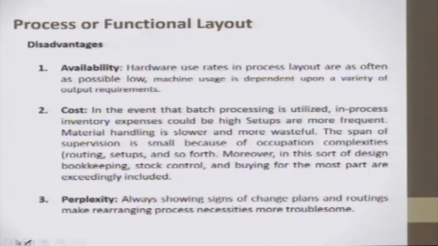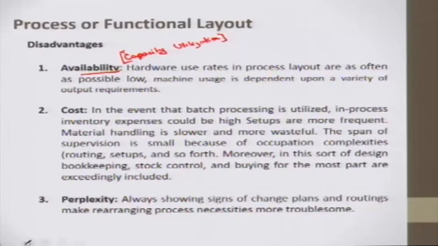There are certain disadvantages also associated with process layout. Number one is availability. The hardware utilization rates in process layout are often low. Machine usage is dependent upon a variety of output requirements. So here by availability, I could even say the capacity utilization.